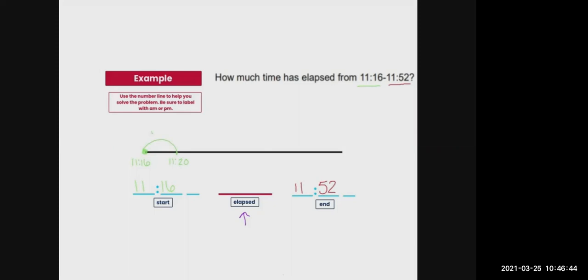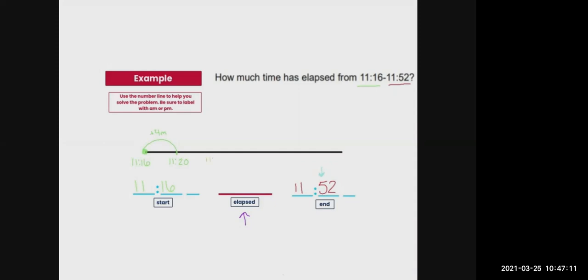That is plus 4 minutes. From 11:20, I'm going to go by 10s until I get to 11:50. I chose 11:50 because my end time has 52, so I'm going to go to the nearest 10 without going over, which is 50.